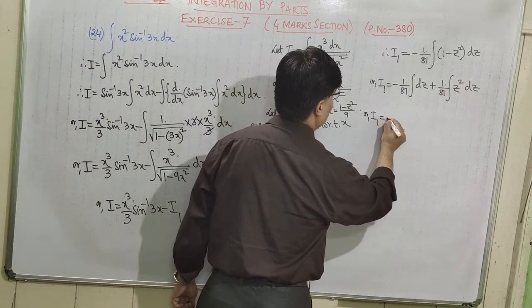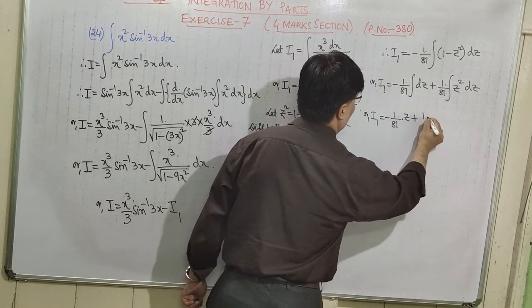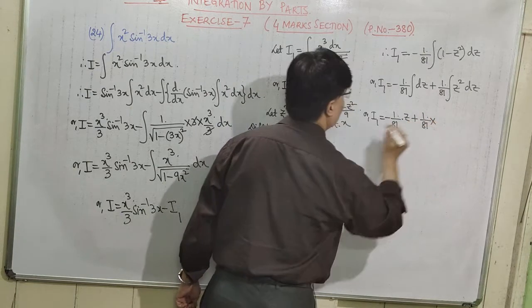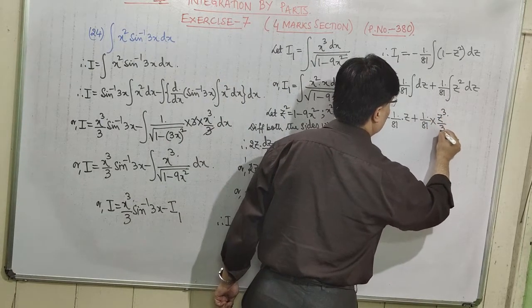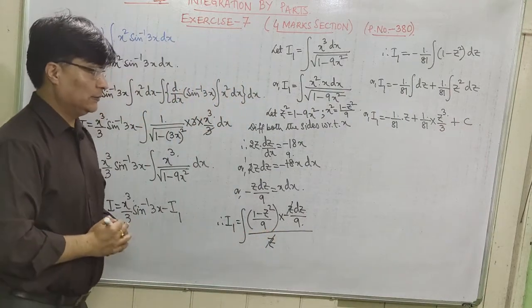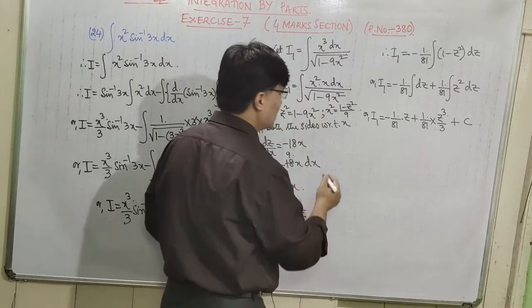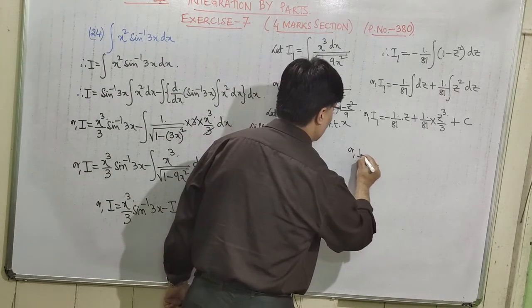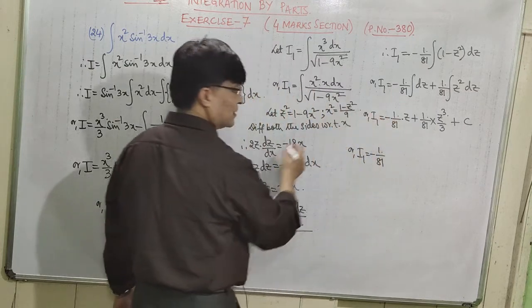So now you can easily evaluate this integration. Or I1 is equal to minus 1 by 81 into z plus 1 by 81 into, what is integration of z square? It is z cube by 3. Then what do we write? Plus c. Understood now? So let us simplify it, and you can put the value for z also. Or I1 is equal to minus 1 by 81. What is the value for z?